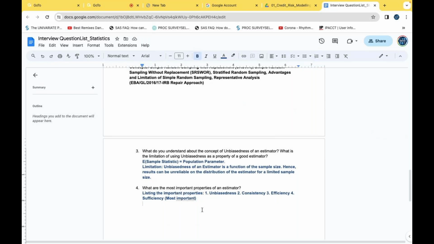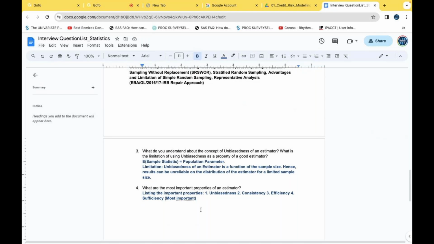But if that estimator is a consistent estimator, that is, as the sample size tends to infinity, the sample estimate tends to the parameter, then, despite the fact that this estimator is biased, you can use that estimator, if consistency, efficiency, and sufficiency are satisfied.